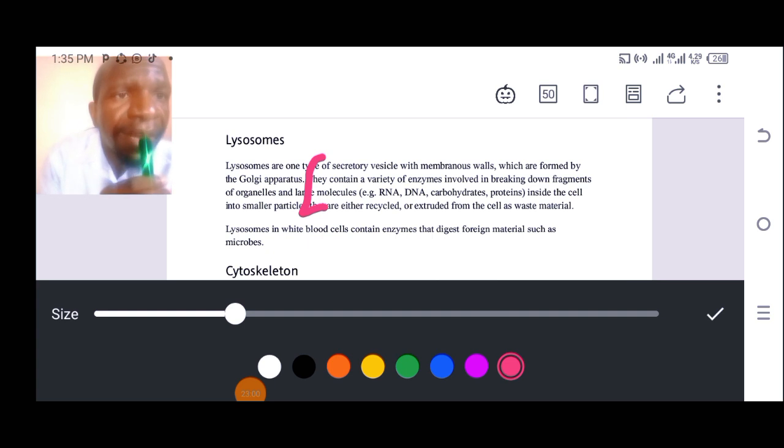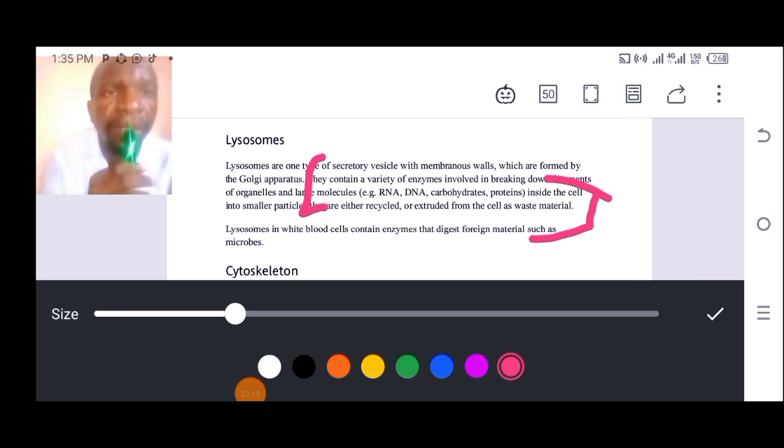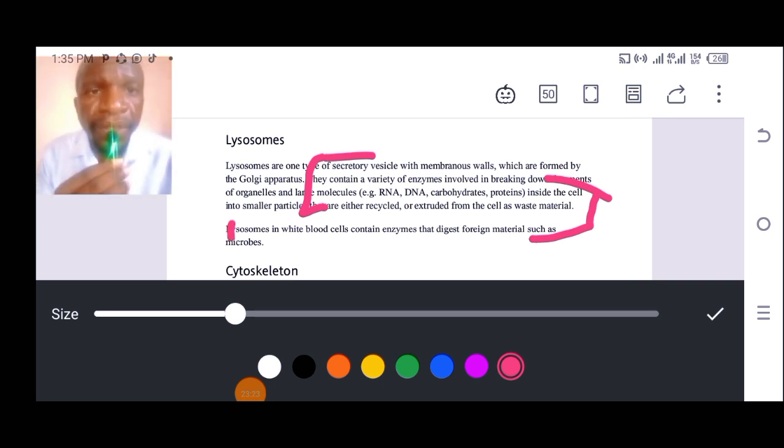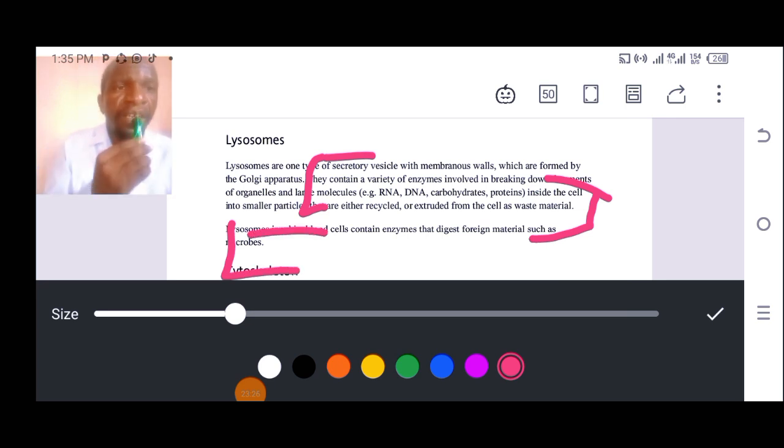They contain a variety of enzymes involved in breaking down fragments of organelles and large molecules inside the cell into smaller particles that are either recycled or extruded from the cell. So this is the function of the lysosomes. And also in white blood cells, they contain enzymes that digest foreign material such as microbes. This is yet another function as well.